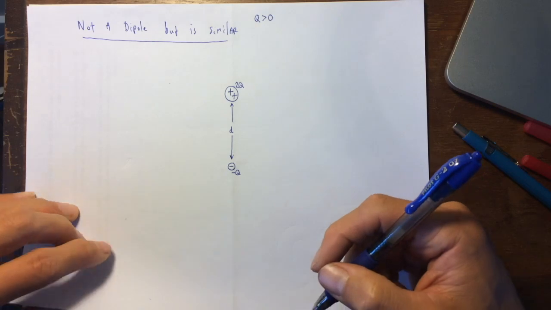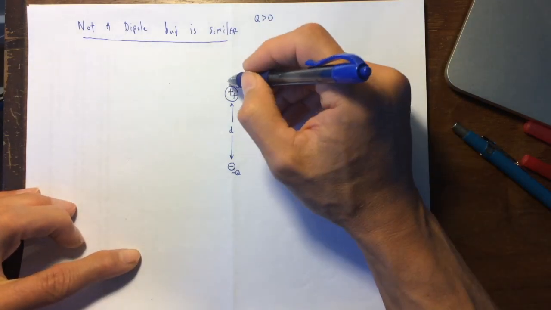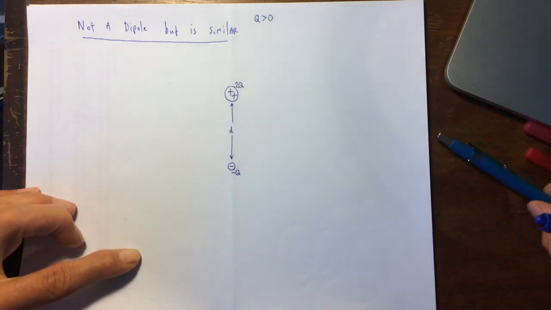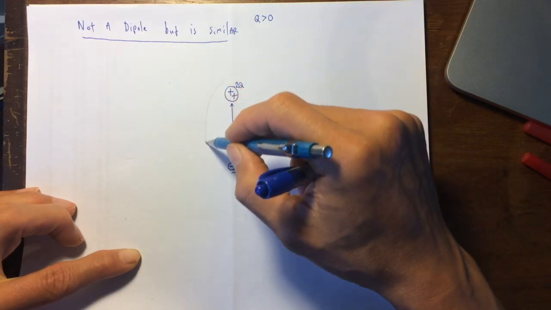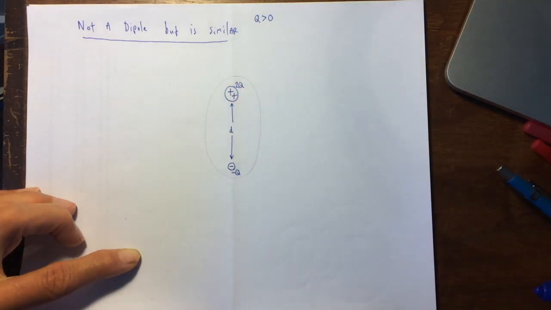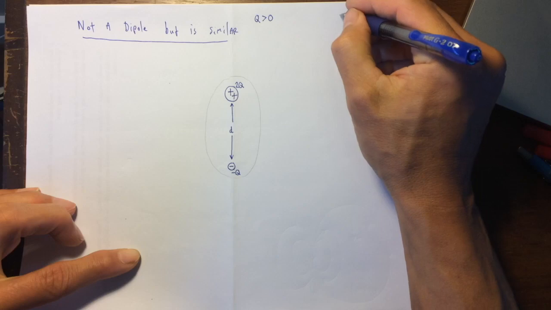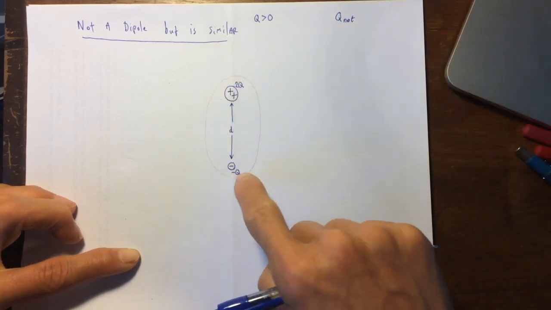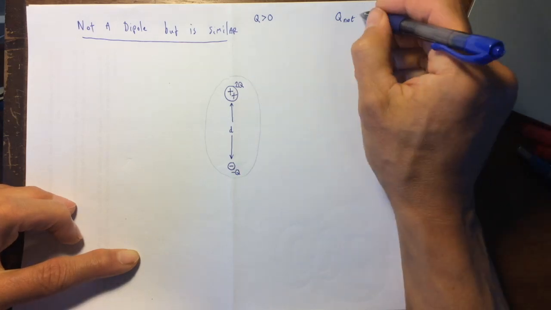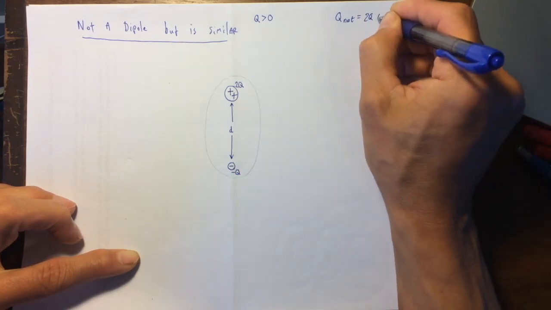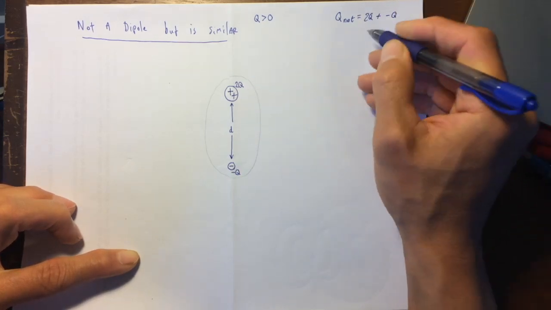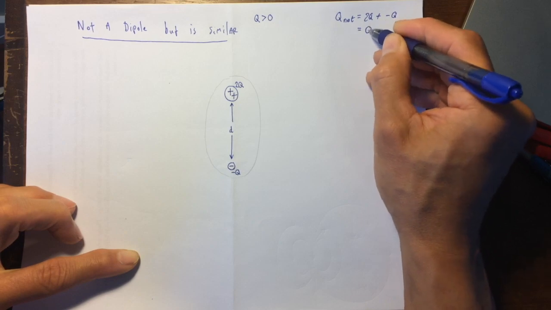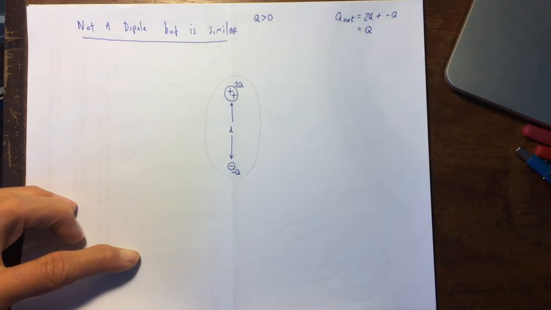And I'd like to ask you, what if I took this thing and I imagined it as a little bundle and asked you, what is the net charge? The net charge of this little bundle is 2Q plus negative Q, which is just equal to a single Q.